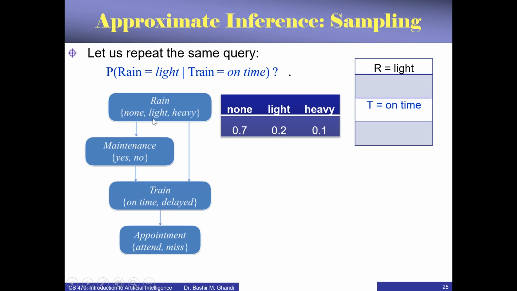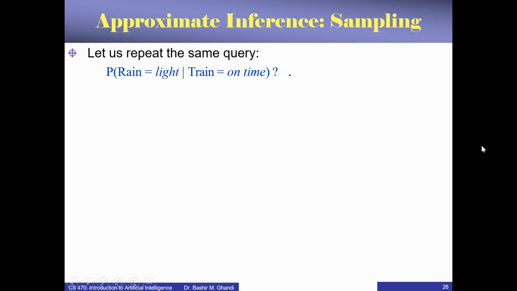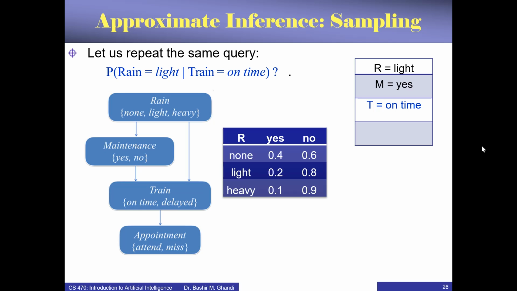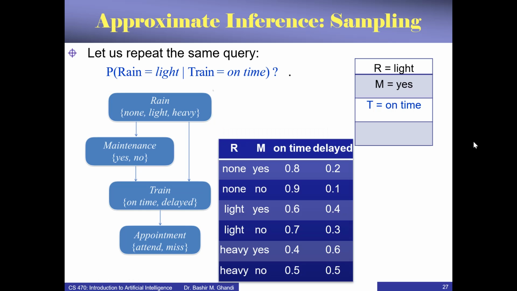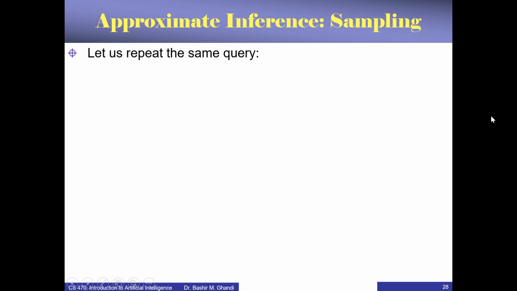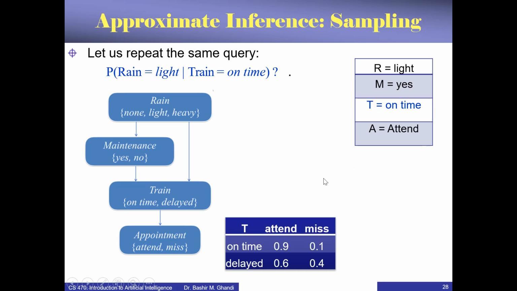Okay, so suppose we pick this time light rain, and then we sample the maintenance. So suppose we choose maintenance to be yes. For the train on time, this has been fixed, so there's nothing to pick here. For the train being on time or delayed, we don't sample it. We're going to fix this to be the same. And finally, we pick a sample for the appointment.